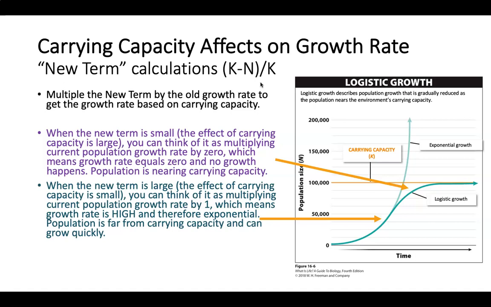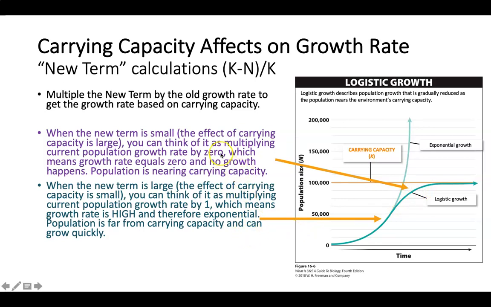If you multiply by zero, the answer is zero, which means there's going to be no growth, no change in the population. And if that number is small, very close to zero, there's going to be very little change in the growth rate, which means that that population is entering this logistic growth phase where it begins to slow down. So when your population is close to carrying capacity, the effect of carrying capacity on the growth rate is that it's going to limit it and slow the growth rate down.